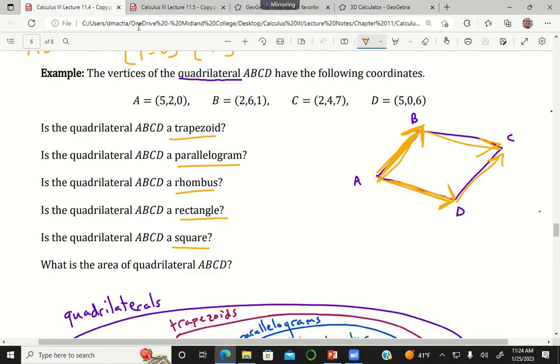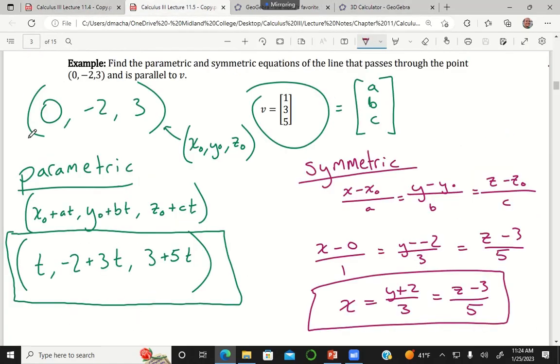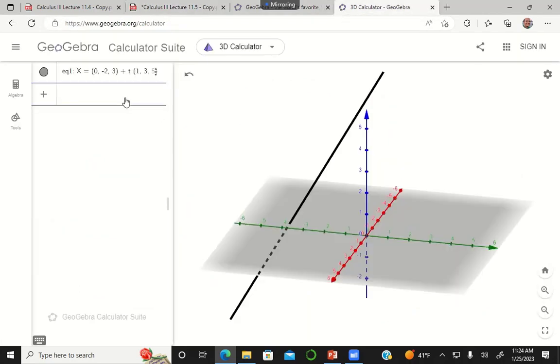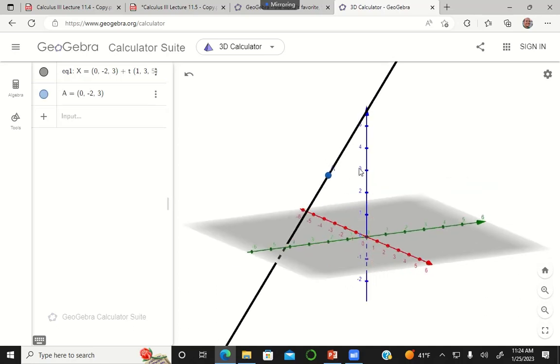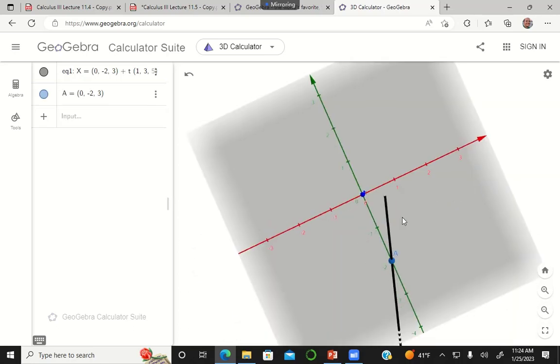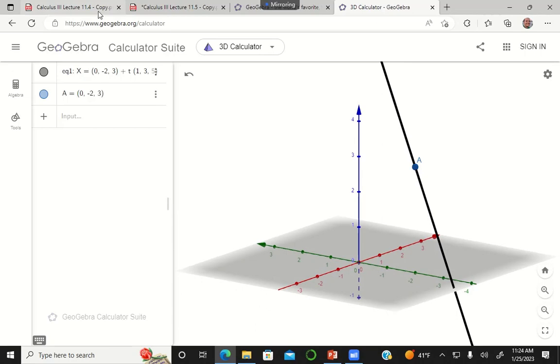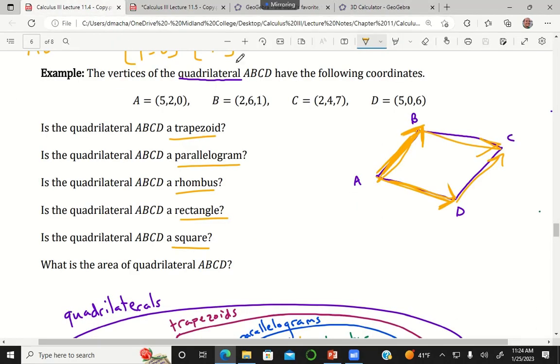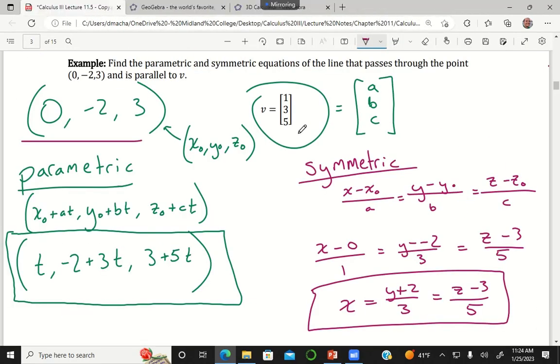And just to check our work, we would try to plug in this point next, 0, negative 2, 3. And sure enough, that point is on the line. It should also be parallel to the vector 1, 3, 5.